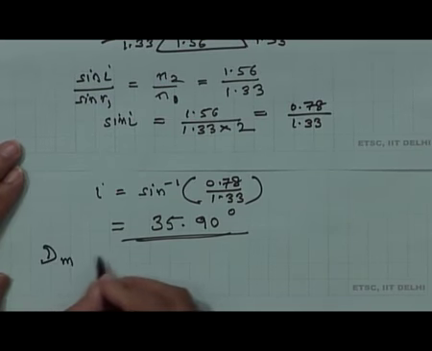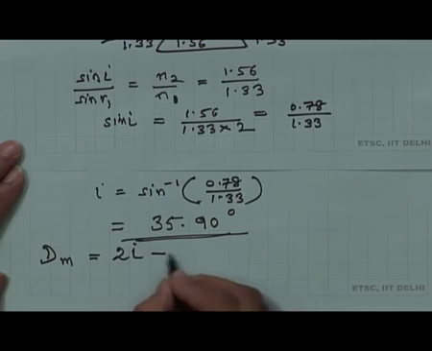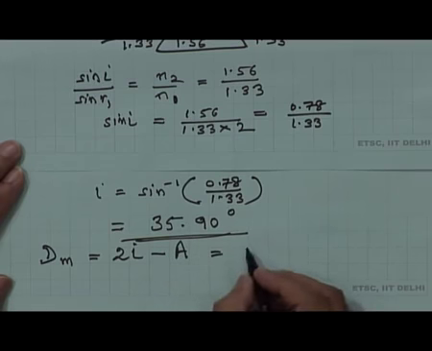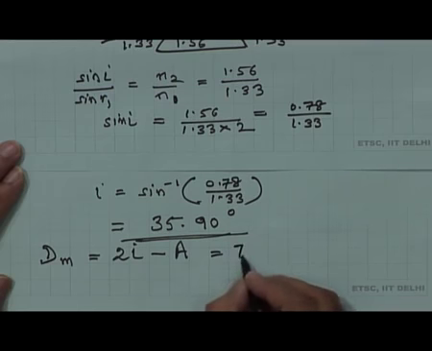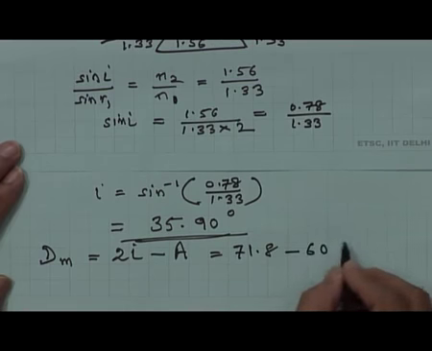In this question, the angle of minimum deviation is equal to twice I minus A. So, that is equal to 35.9 into 2, that is 71.8, minus 60 degrees.